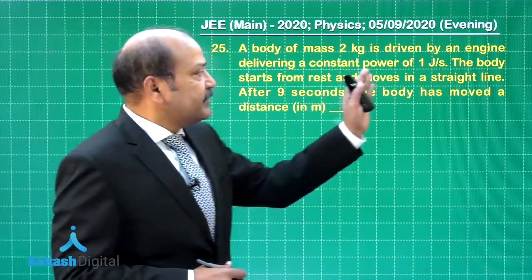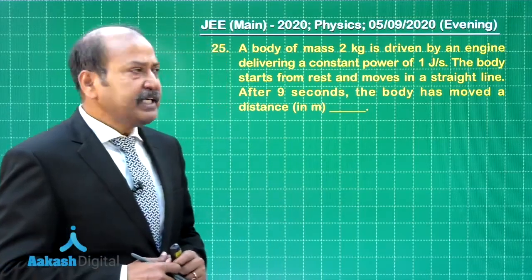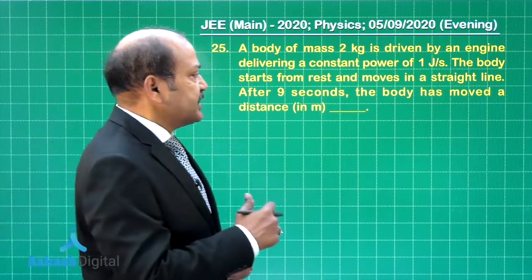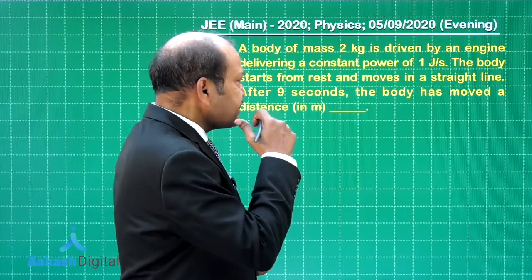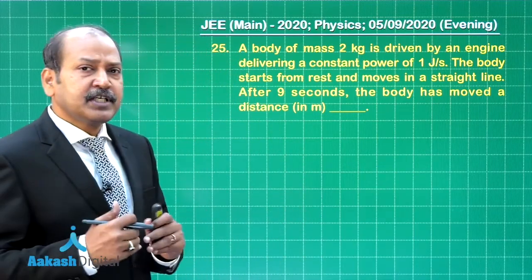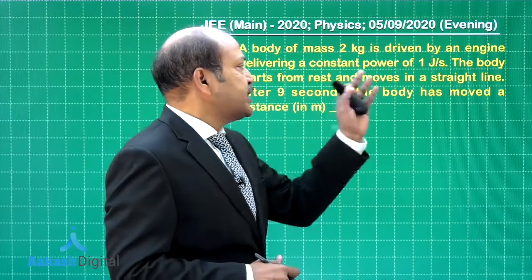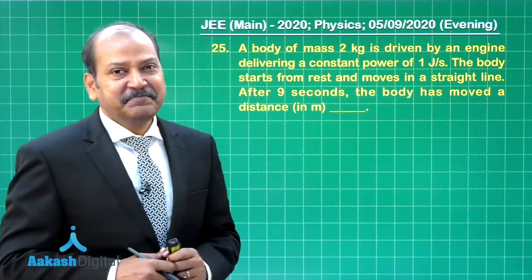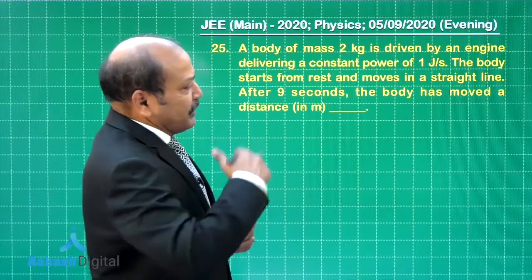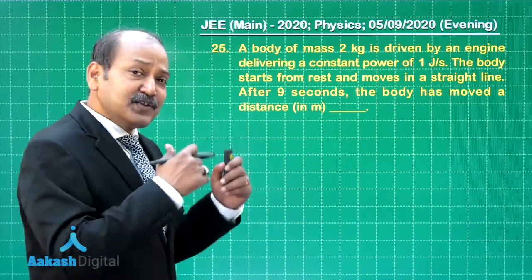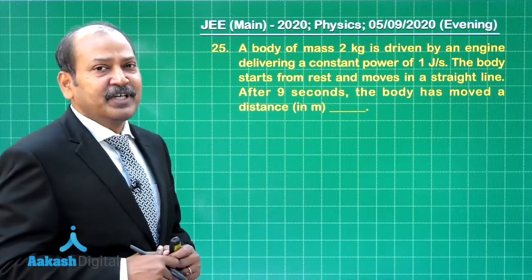The power delivered is constant, that is 1 joule per second, and if it is delivered for 9 seconds, the total energy supplied is 9 into 1, that means 9 joule. So, the change in kinetic energy is also equal to 9 joule, is it not?